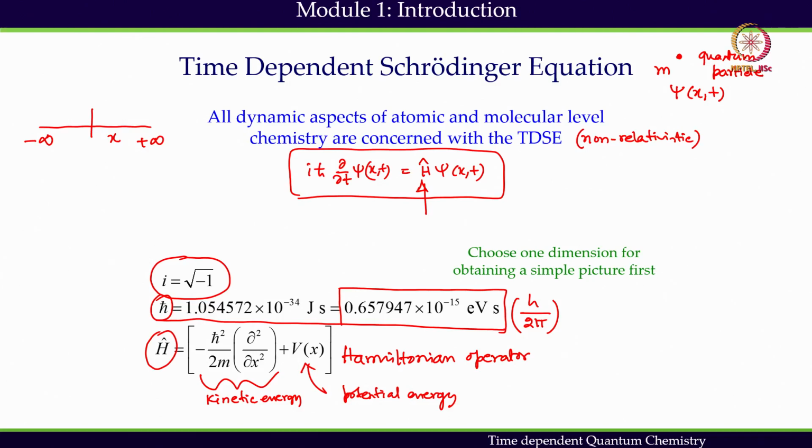In quantum mechanics, this Hamiltonian operator H, the way we have presented so far, is a function of space only.